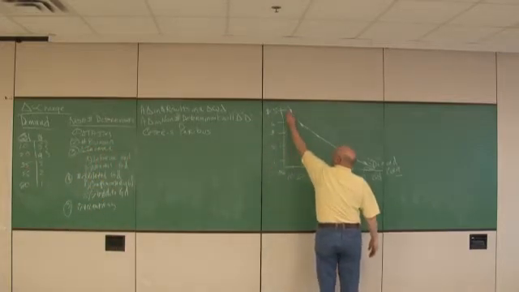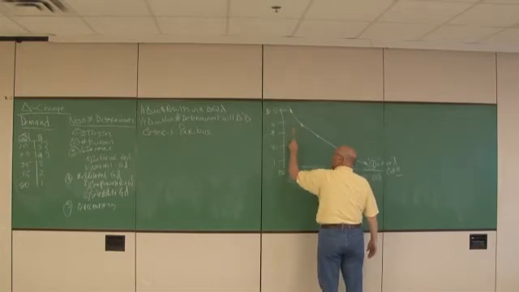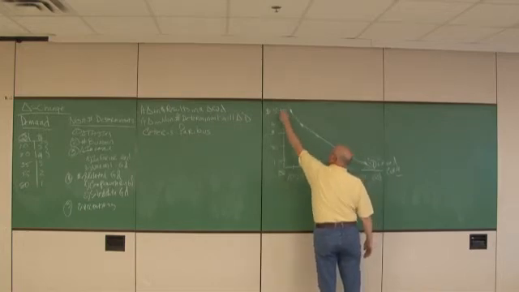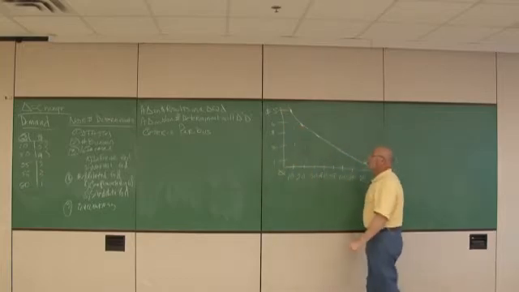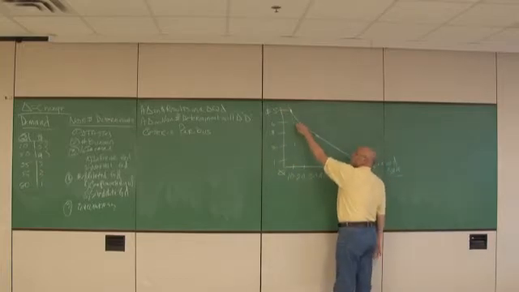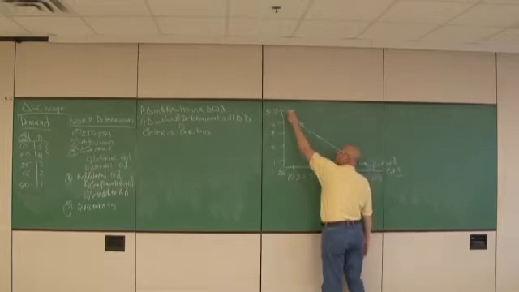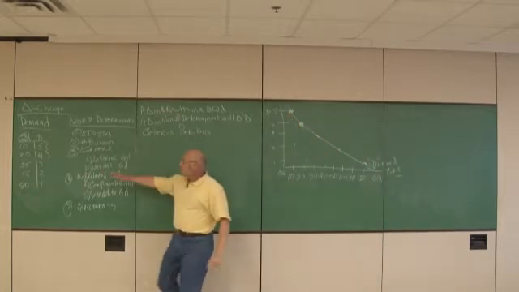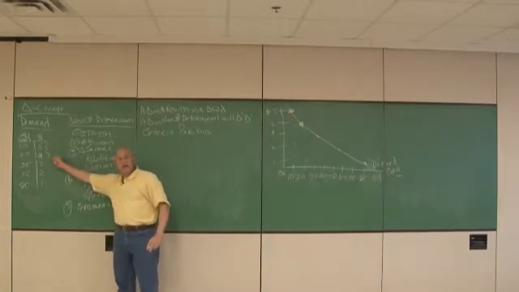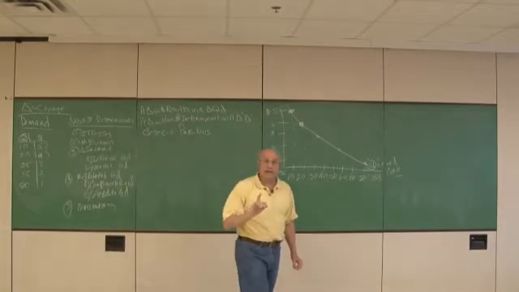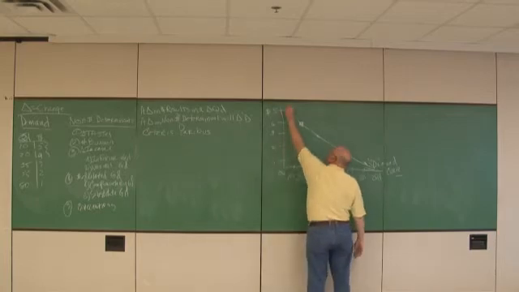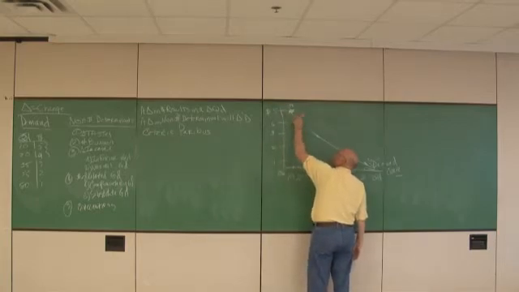If the price went from $5, where we bought 10 units, to $4, where we are now buying 20 units, this is a movement along my existing demand curve. My schedule has not changed. The schedule is still intact, only the price has changed. And we moved from, let's say, point A to point B.